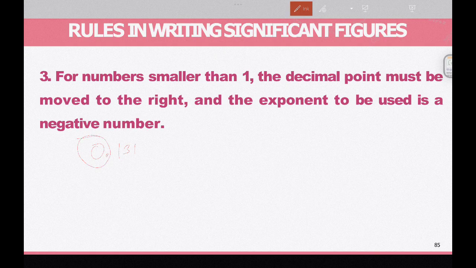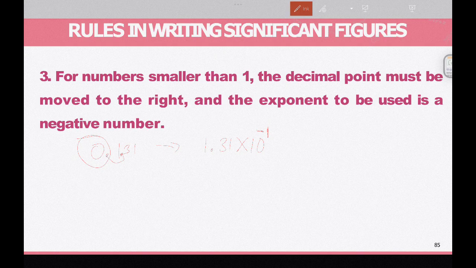Since the 0 here is smaller than 1, definitely we move the decimal to the first non-zero. Okay, so we have an answer of 1.31, then times 10, then how many times did you move? So definitely one movement only, so we write here negative 1. Okay, we put minus and then 1.